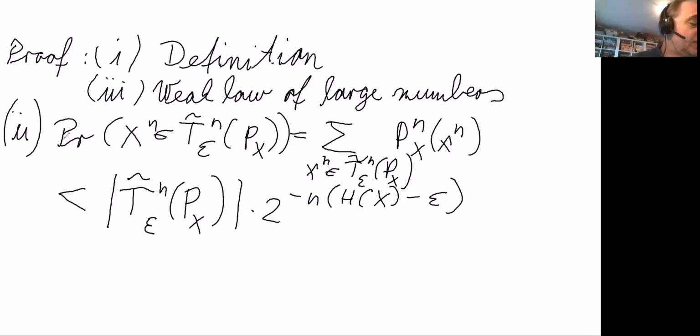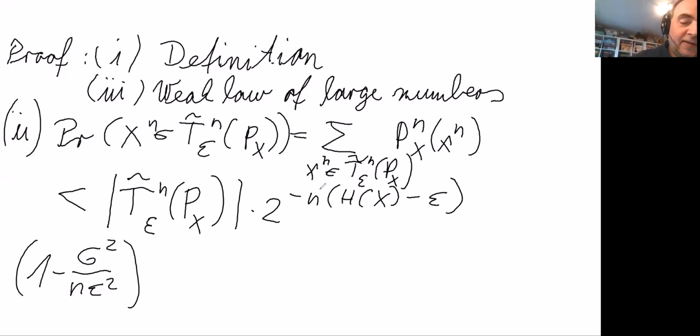So we can estimate this from below, and then we put all things together, and we get the result that 1 minus sigma square over n times epsilon square.